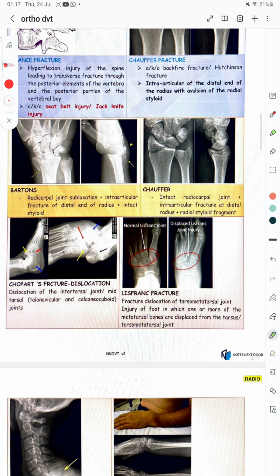Chopart's fracture dislocation, dislocation of the intertarsal joint, mid-tarsal joints. Lisfranc fracture, fracture dislocation of tarsometatarsal joint, injury of foot in which one or more of the metatarsal bones are displaced from the tarsus or tarsometatarsal joint.